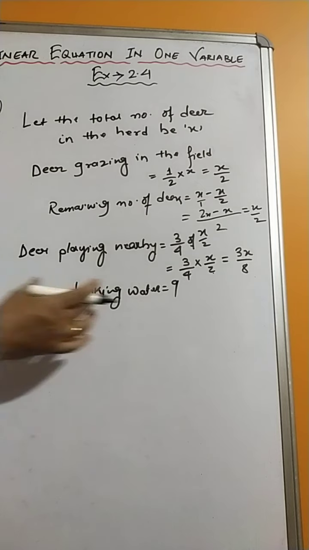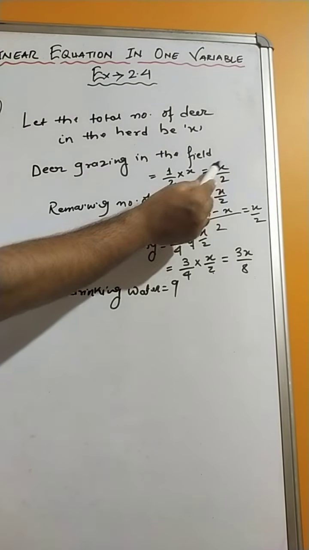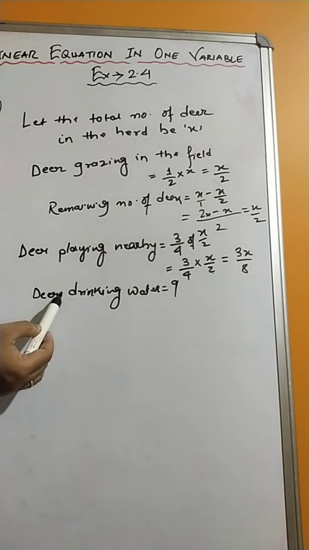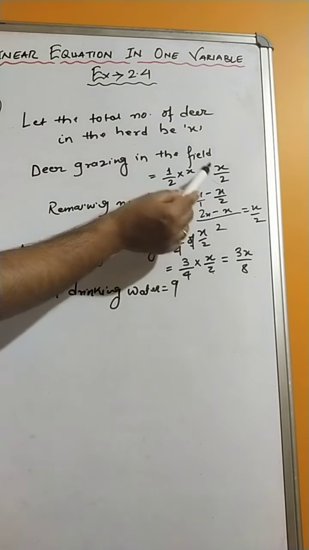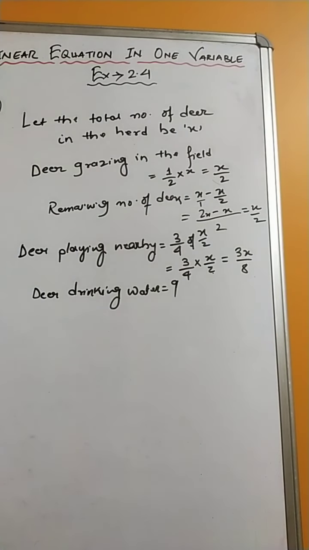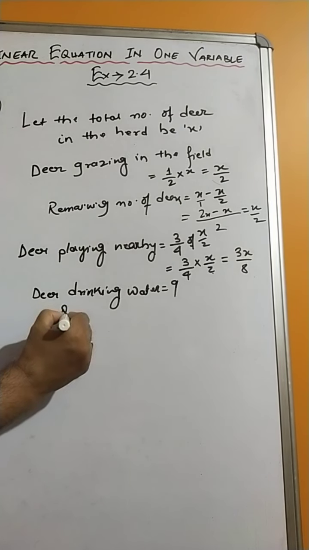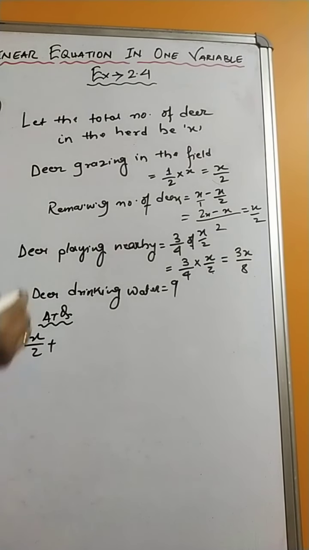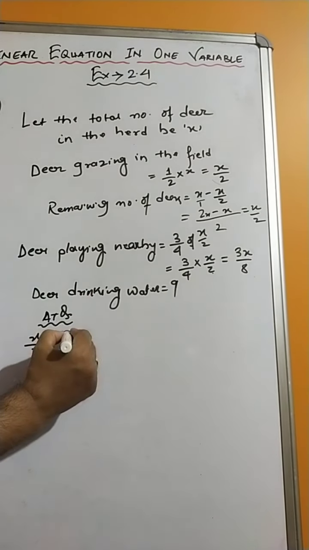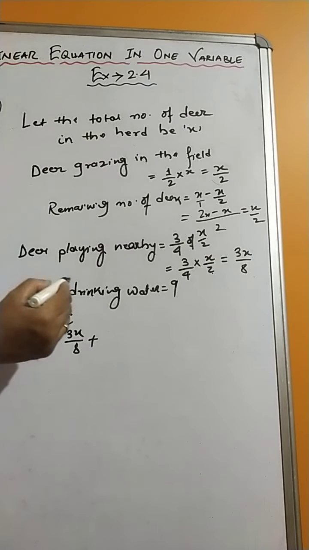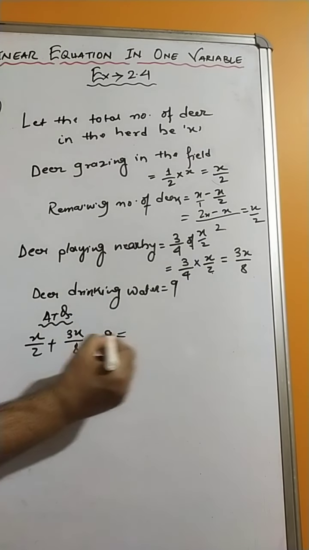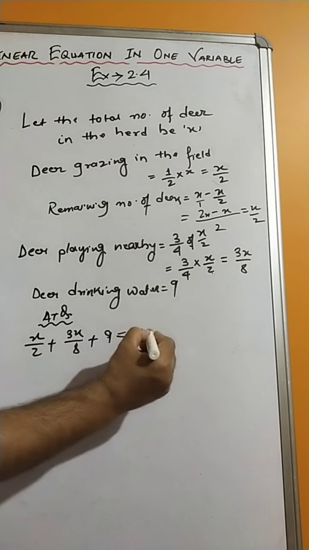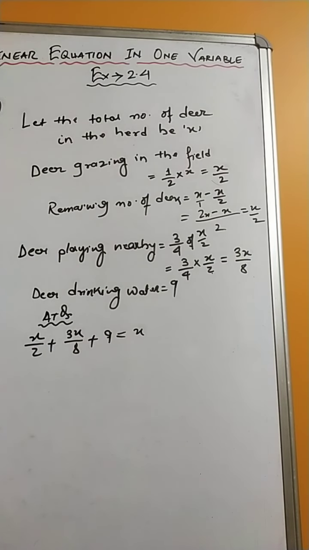Now if I add up all the things, the deer grazing in the field is X/2, the deer playing nearby is 3X/8, and the rest drinking water is 9. If I add all these three values, we get the total number of deer, which is equal to X only.